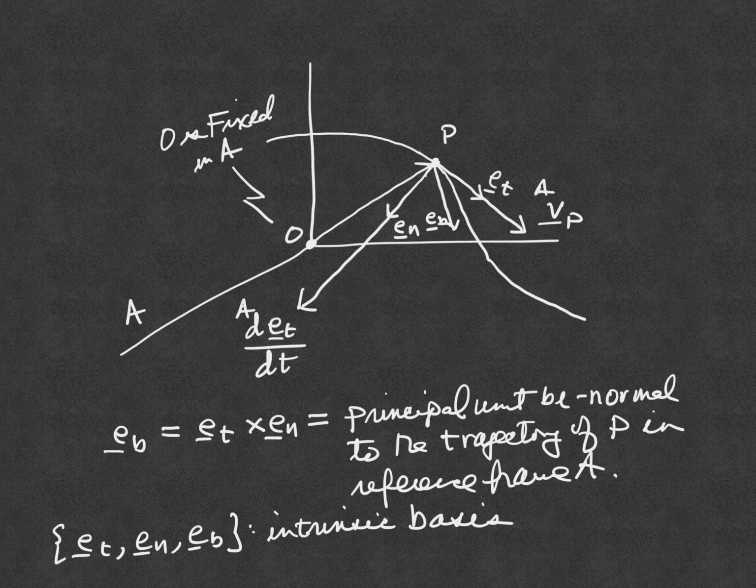From the definition of the tangent vector, which is along the velocity, I was able to construct the rate of change of the tangent vector in frame A. And that vector, from the math that I just did, must be orthogonal to the tangent vector itself. I called the direction of det dt in A, EN. And then the cross product of ET with EN gave me the vector that I called EB, the principal unit binormal. So I've just defined a basis, and that basis is an intrinsic basis, and it is internal to the motion.